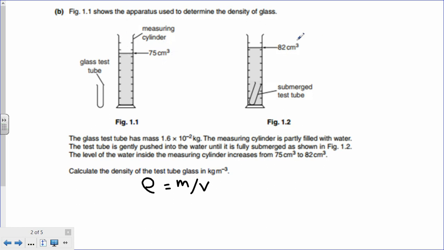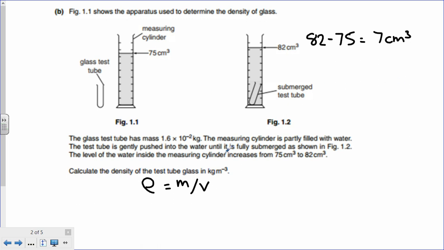So going by that, we know that 82, which is the volume afterwards, minus 75, equals 7 cubic centimeters, that's going to be the volume of the glass that makes up this beaker. So that's all this glass around here.